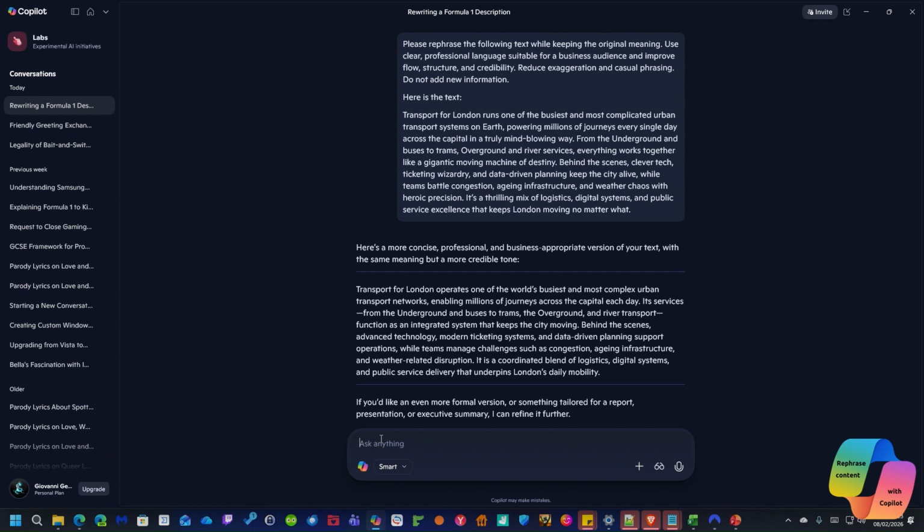So you can see here that Copilot has taken what we initially gave it and used the instructions that we had provided it in terms of making it more credible, less exaggerated, less hyperbolic, and it reads more like we would talk as people on a daily basis, rather than doing this over-the-top exaggeration of its mind-blowing wizardry and all of that.